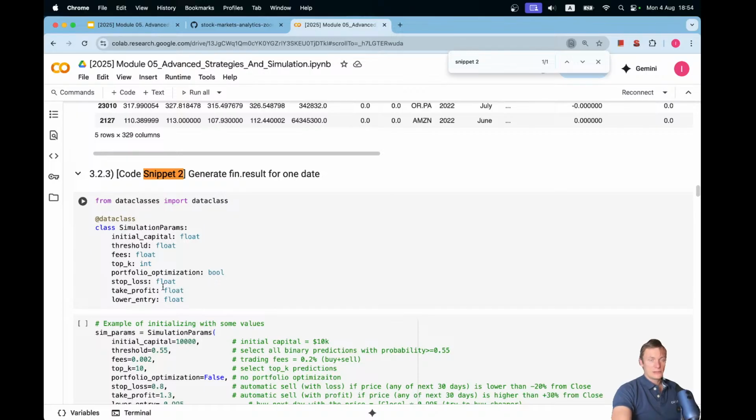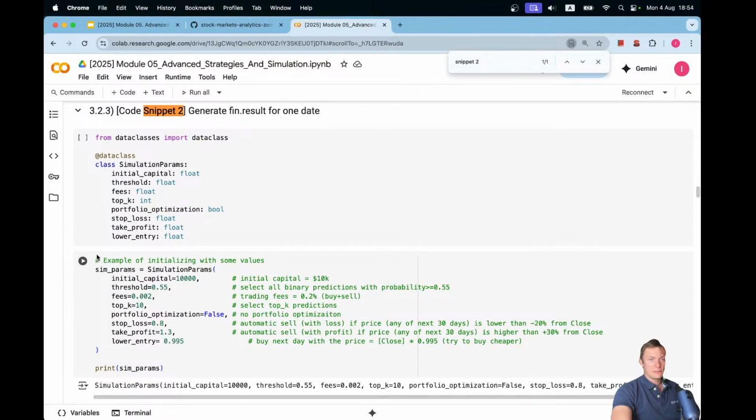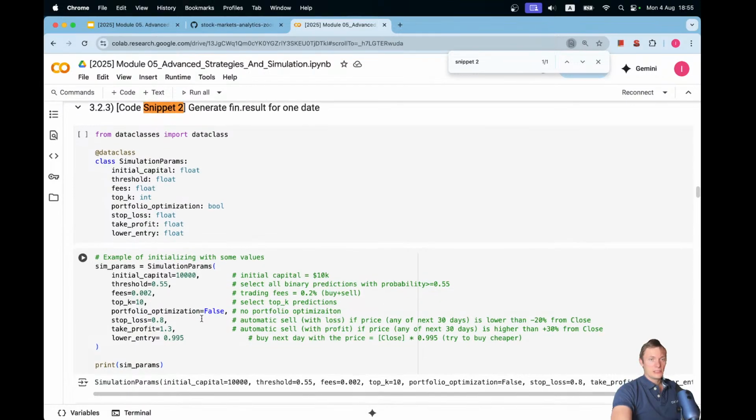Then stop loss that we discussed, take profit, and lower entry. So this is the example that we use. Initial capital 10,000, threshold 0.55, fees 0.2%, top K maximum 10 trades per day, no portfolio optimization, stop loss minus 20%, take profit plus 30%, and lower entry, where we're trying to buy slightly cheaper at 99.5% versus the closing price.